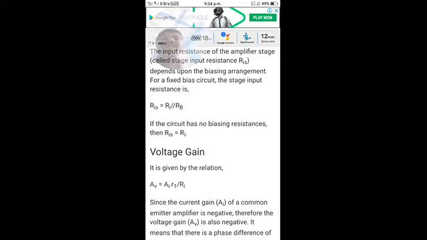We call it Ri dash. Ri dash is the parallel combination of Ri and Rb.